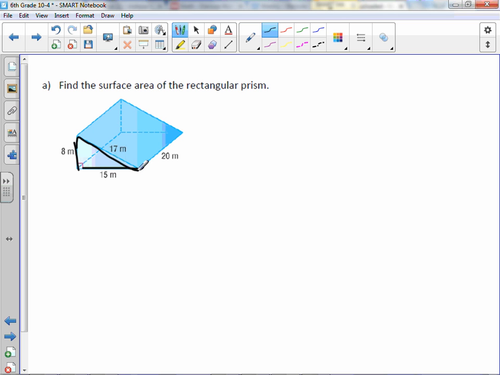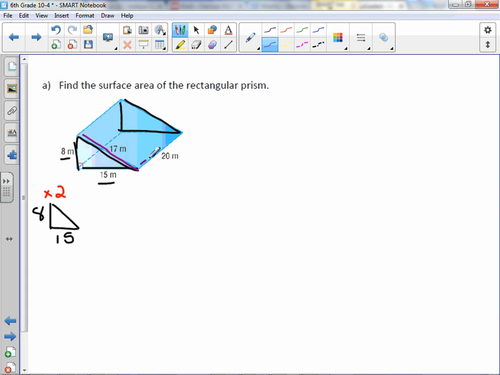So here's our triangle. And we have a base and height of 15 and 8. So I'm going to draw this out. 15 and 8 is the triangle. And I have 2 of them. So I'm just going to remind myself a times 2 up top.